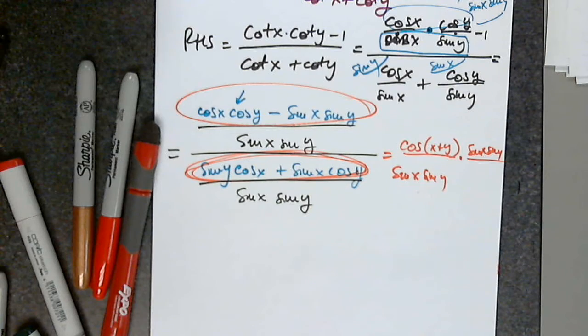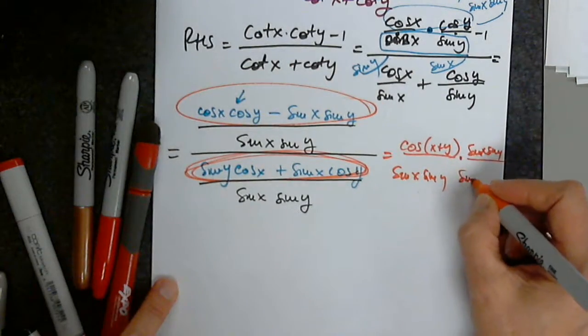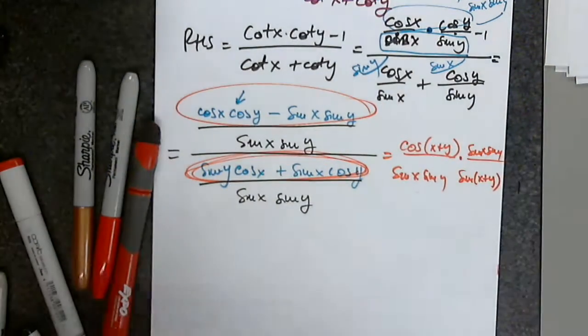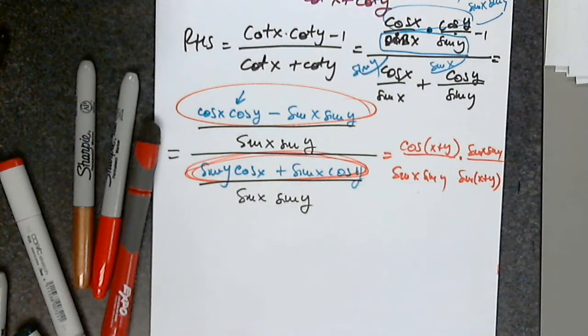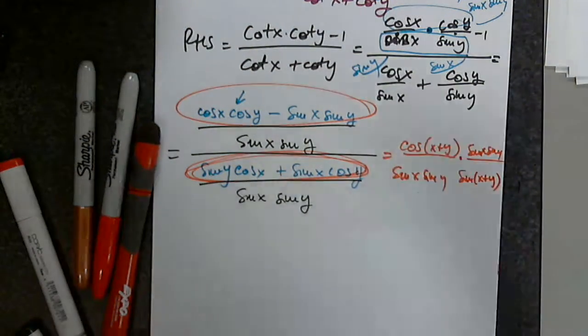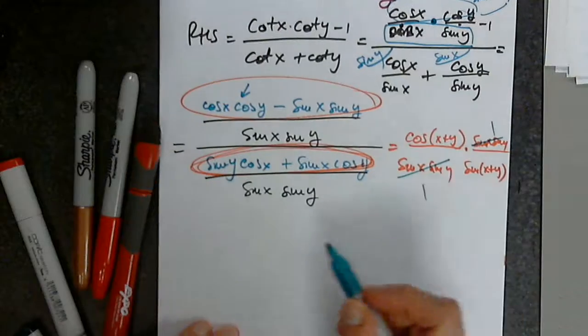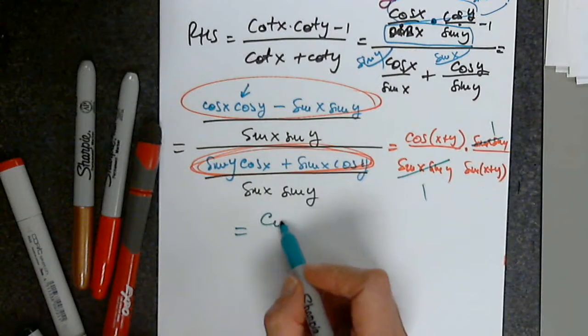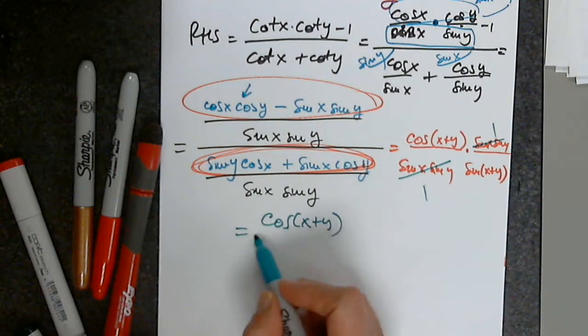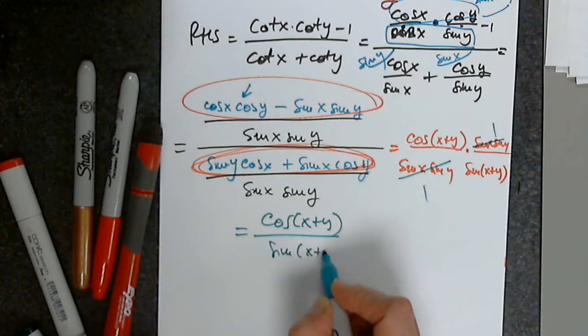That's sine of x plus y. What goes away? Sine x over. Yes. And please remember it's 1, not 0. So what I have now is cosine of x plus y over sine of x plus y.